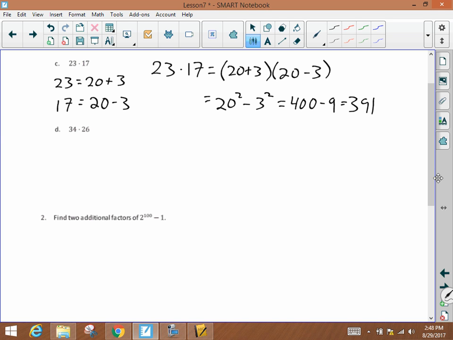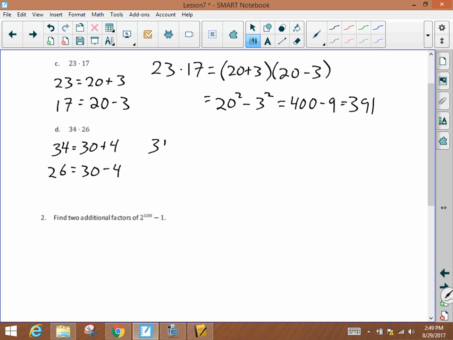All right, so what number is going to be directly in the center, right? Directly centered, if you're looking at it on a number line, between 34 and 26. That number is going to be 30. So I can say that 34 is equal to 30 plus 4, and I can say that 26 is equal to 30 minus 4.